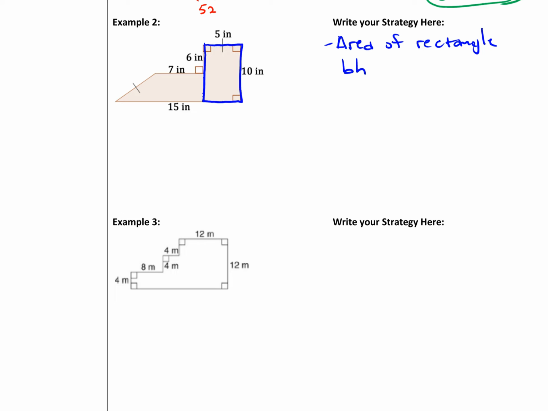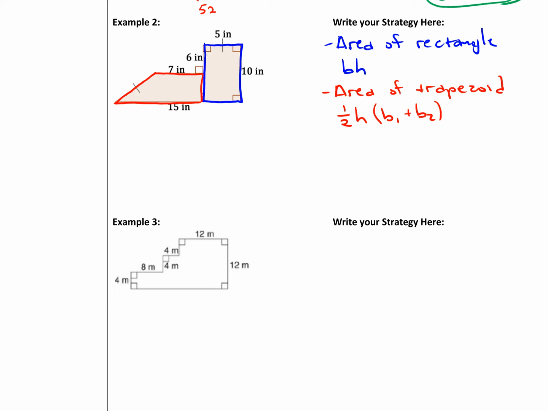And we want to find the area of the trapezoid. Which again, that area formula is 1/2 the height times base 1 plus base 2, or the quantity of base 1 plus base 2. So let's begin.